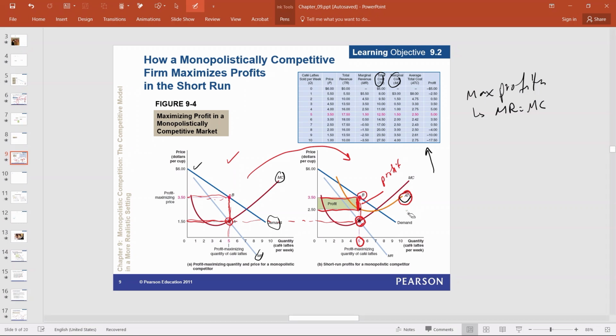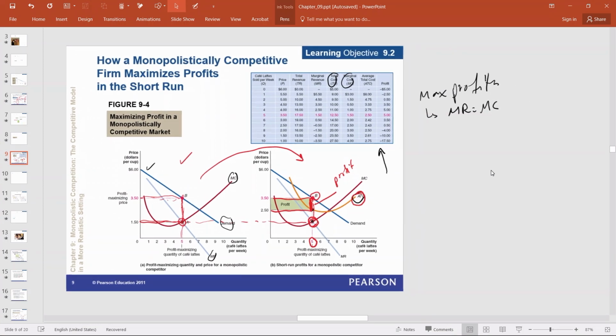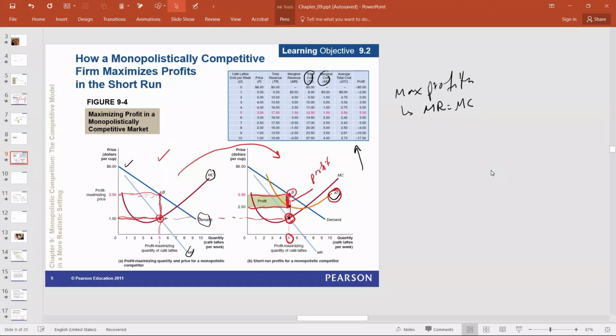Now, if you want to find out when this company is breaking even, which means no profit and no loss at all, and then we go to the situation where the company makes losses. So the break even point can be shown by just redrawing the graphs.